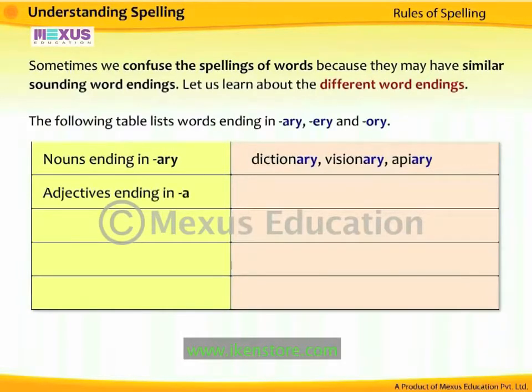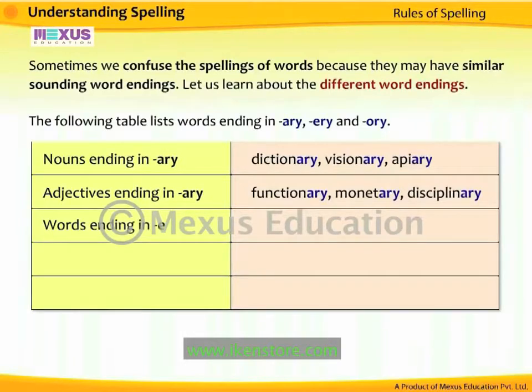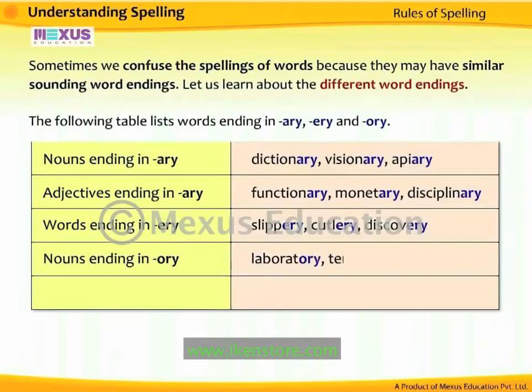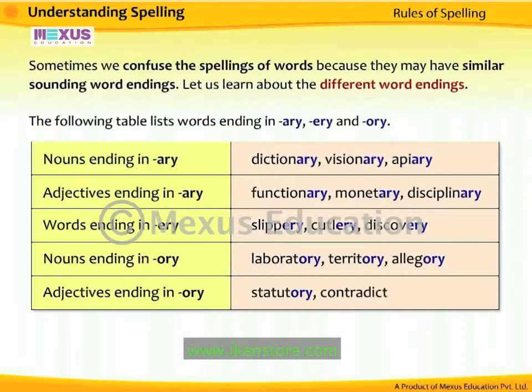Adjectives ending in ARY are functionary, monetary, disciplinary. Words ending in ERY are slippery, cutlery, discovery. Nouns ending in ORY are laboratory, territory, allegory. Adjectives ending in ORY are statutory, contradictory, sensory.